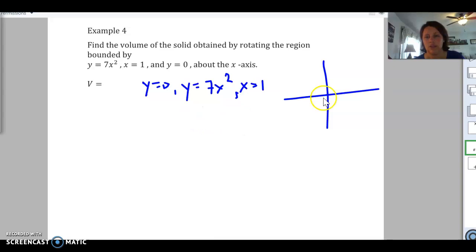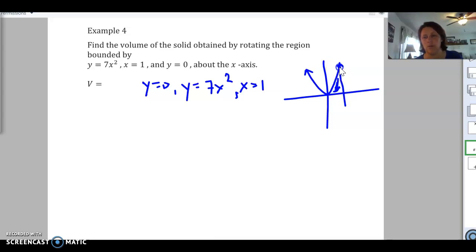So we have the equation y equals 7x squared, which is a parabola, pretty steep parabola. Y equals 7x squared, and then also x equals 1 and x equals 0. So we are going to be rotating this whole region around the x-axis.